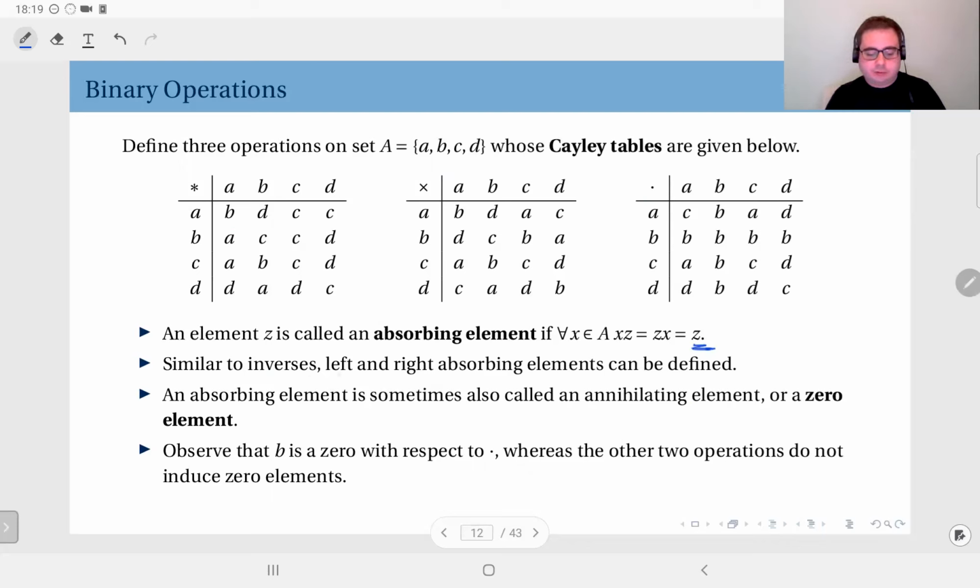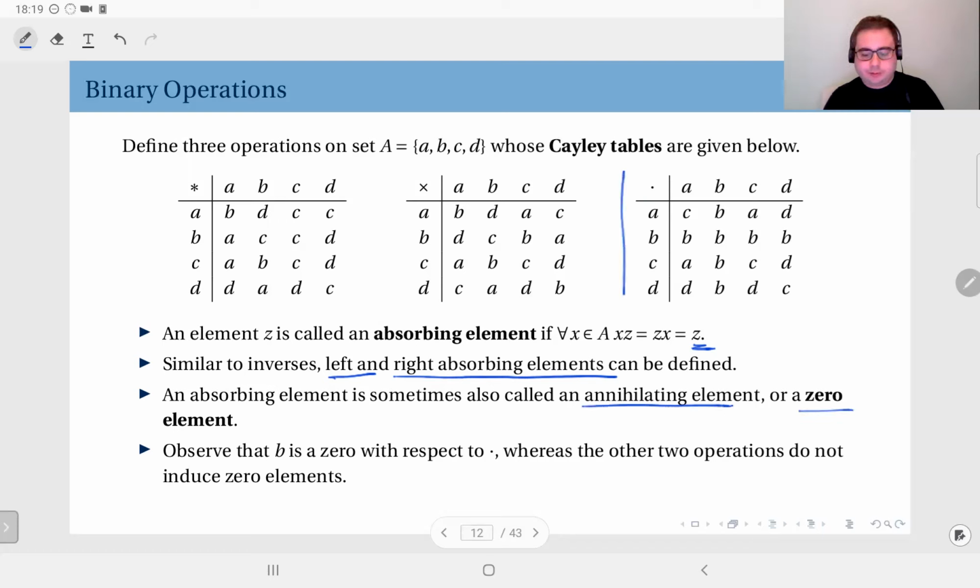Again, similar to inverses, left and right absorbing elements can be defined. I'm leaving out all the definitions here. And as I said, we can call this an annihilating element or simply a zero.